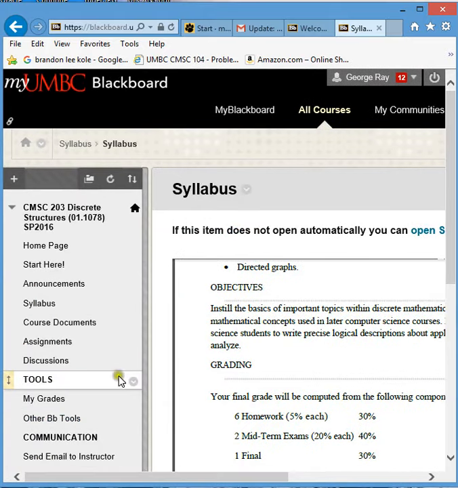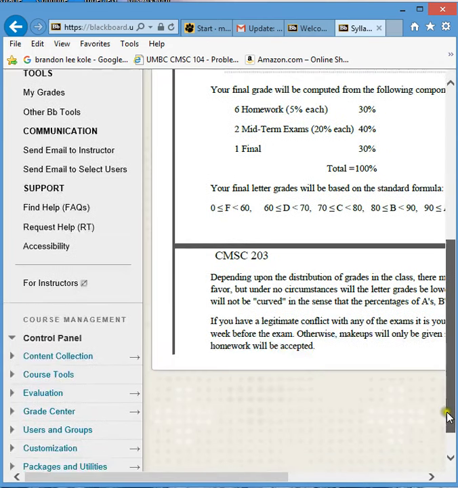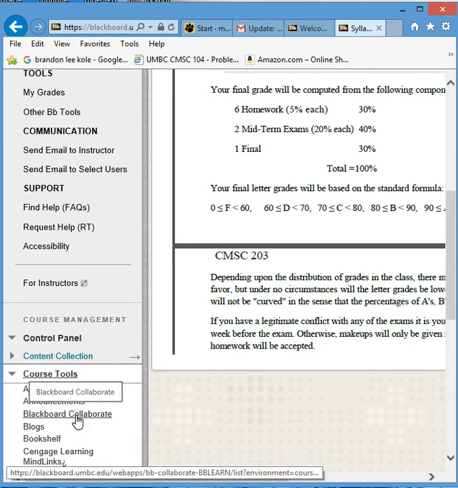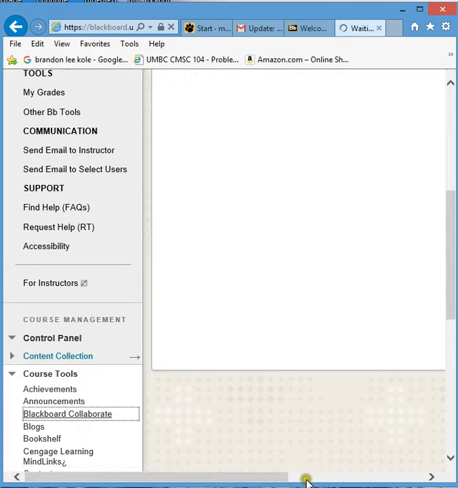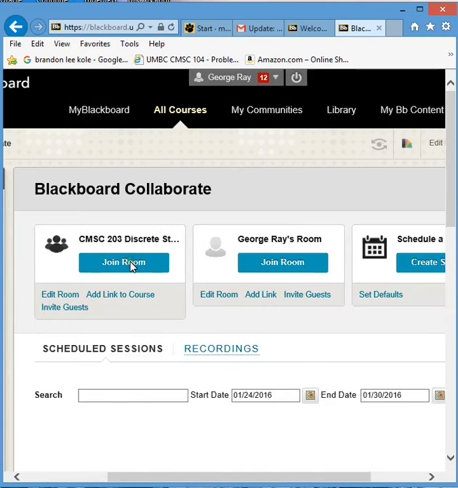Blackboard Collaborate, and again I will be sending out another video on that topic, but in my menu, which is an instructor's menu, it's under Course Tools. You'll have a Tools menu as well. It might be located in a slightly different location, but you would click on Blackboard Collaborate, and then you would join the room.